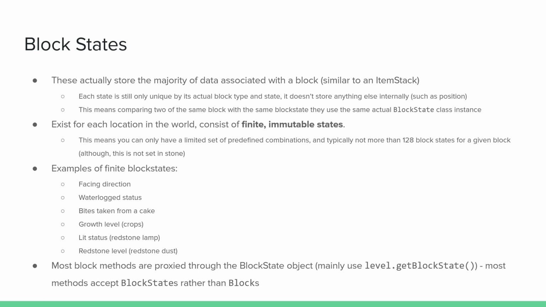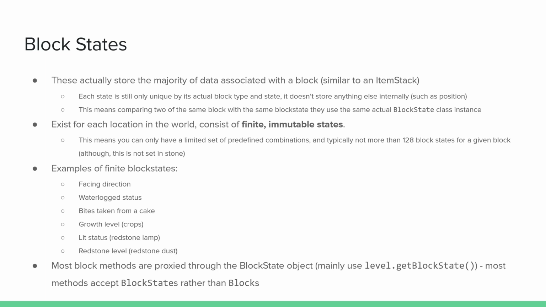They removed that, but generally, if you can't contain it within 100 or 200 states, you should not be putting it in a block state. So examples of states: facing direction, if something's waterlogged, the amount of bites you've taken from a cake, the growth level of wheat, your redstone status.